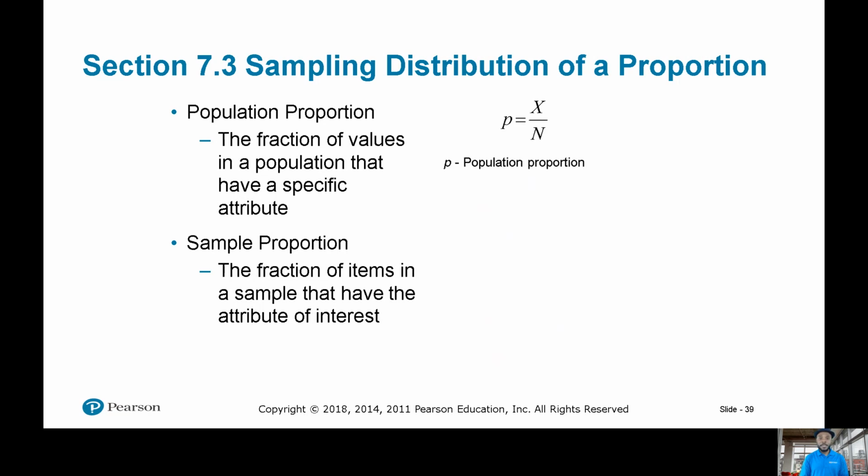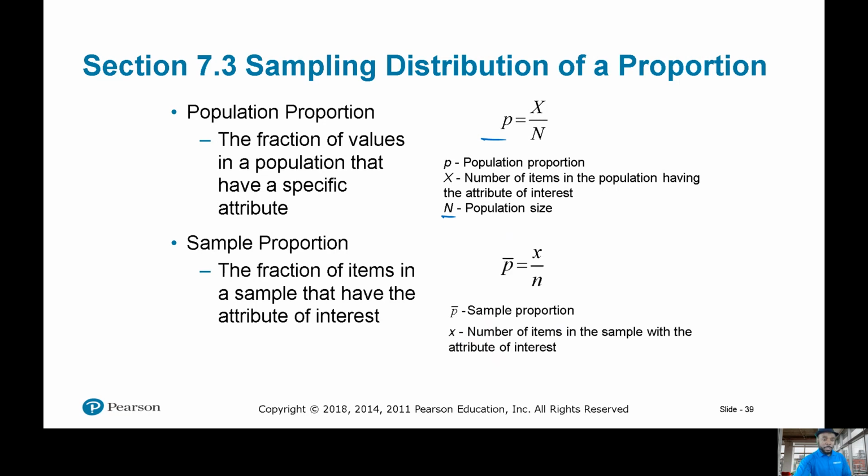Now, the population proportion is denoted P, and it's X divided by N, where X is the number of items in the population having the attribute of interest. And big N is the population size.